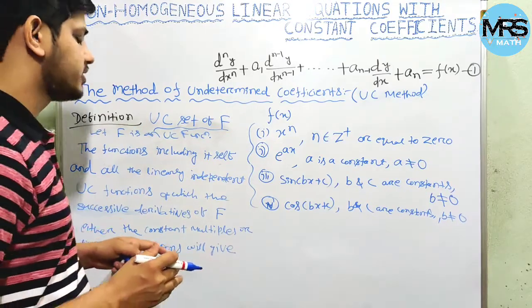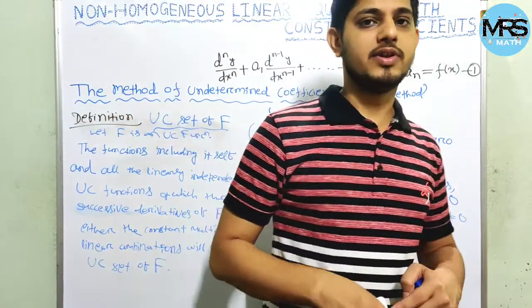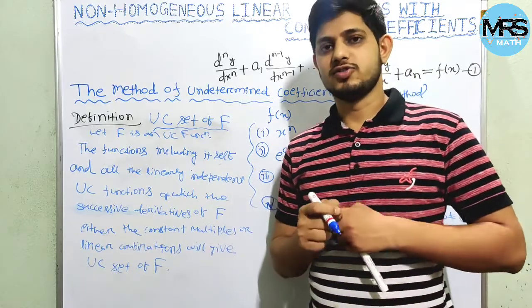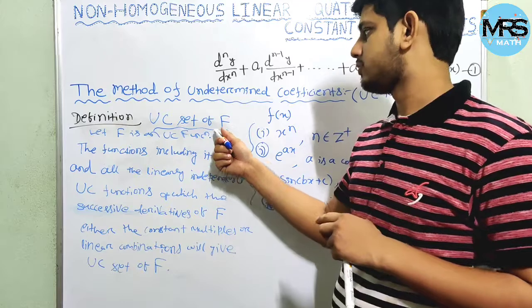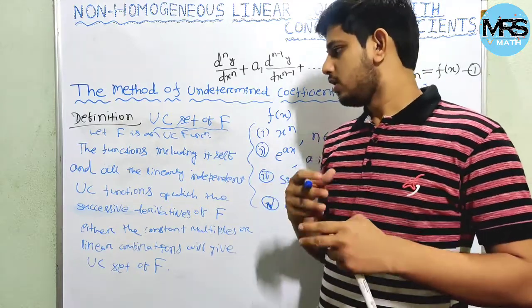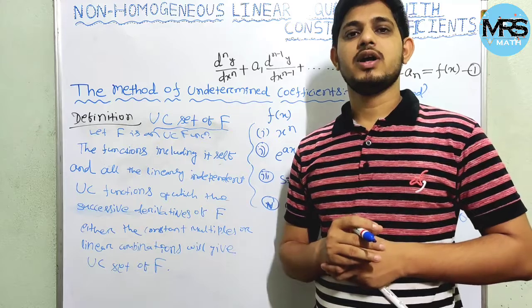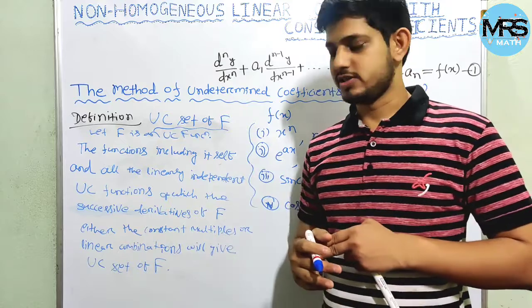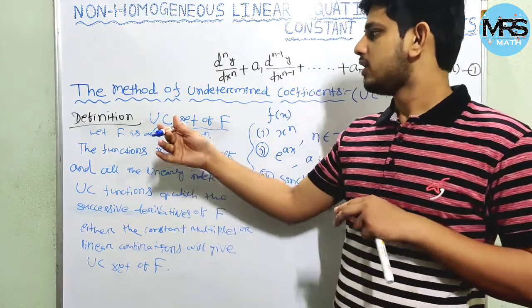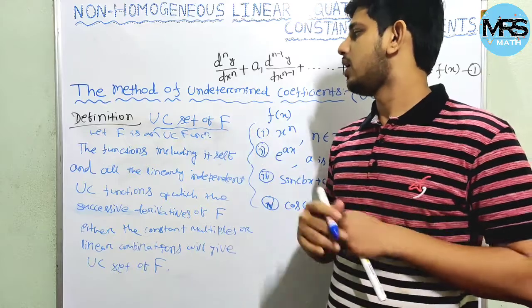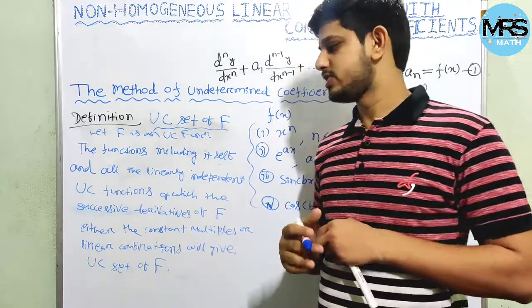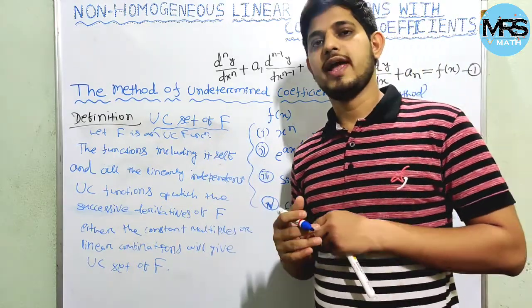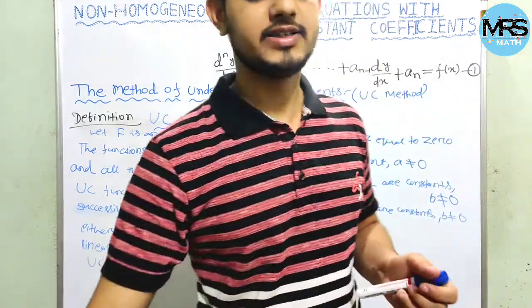The functions contained in that function itself, and all linearly independent functions whose successive derivatives of f appear either as constant multiples or linear combinations, will form the UC set of f. If it is not clear, I will try to make it clear with examples. So come to the example.